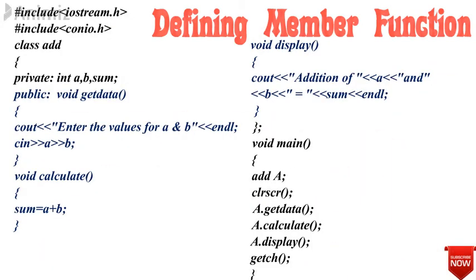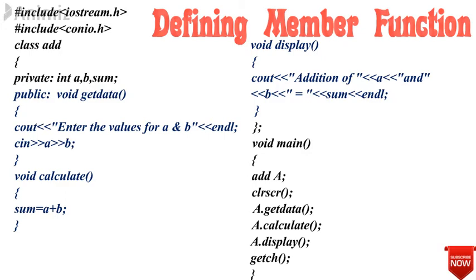This is another type of example where we have defined member function inside the class. In this, the class name is add, data member a, b, and sum. Member functions getdata, calculate, and display. You can observe all these three member functions are defined inside the class.